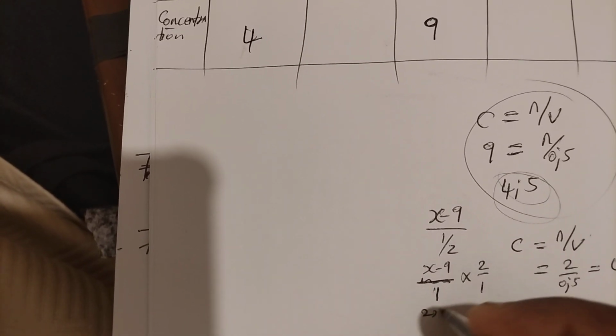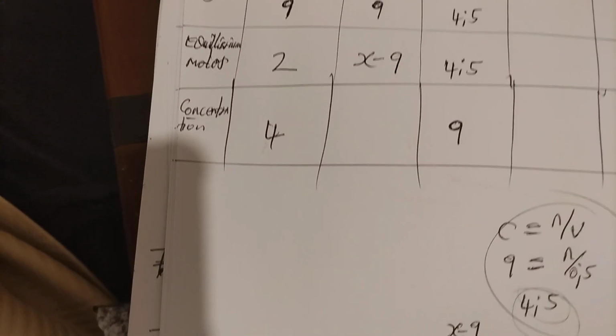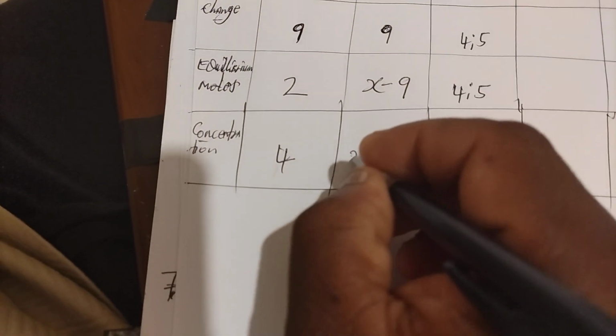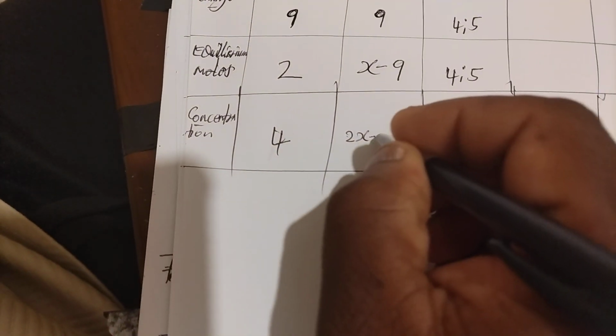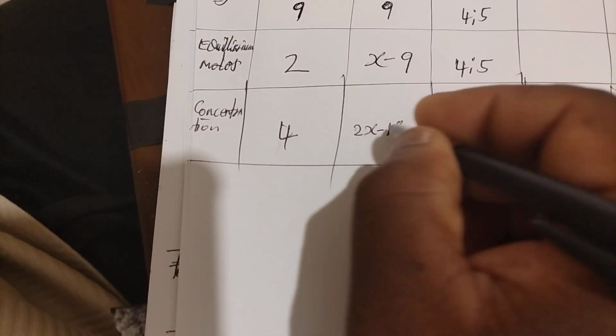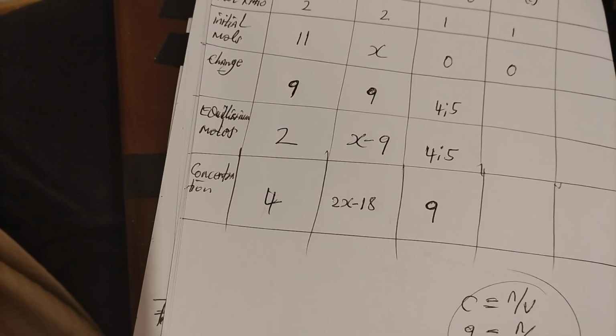Now that is going to be 2X minus 18. So that's what we're going to have. So for me here, we're going to have 2X minus 18. So that's how you solve this.